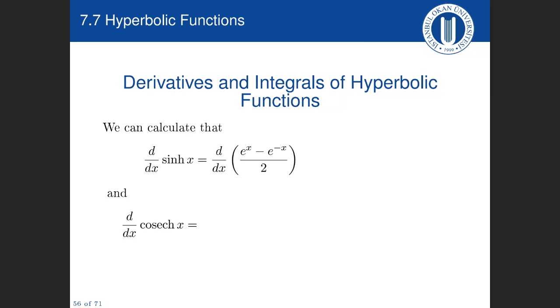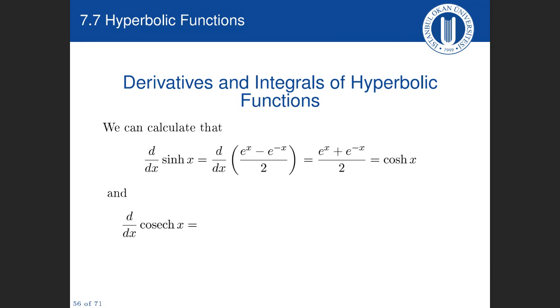And we know how to differentiate e to the power x, and we know how to differentiate e to the power minus x. That's just e to the power x plus e to the power minus x over 2, or cosh x.